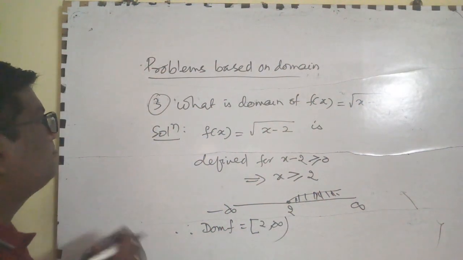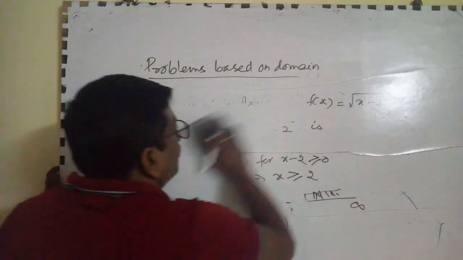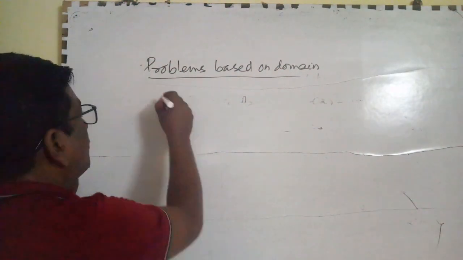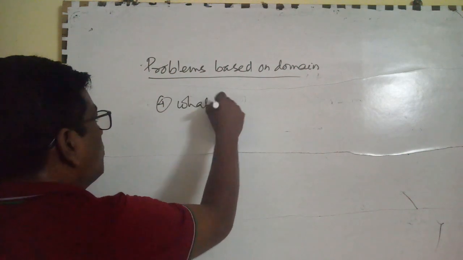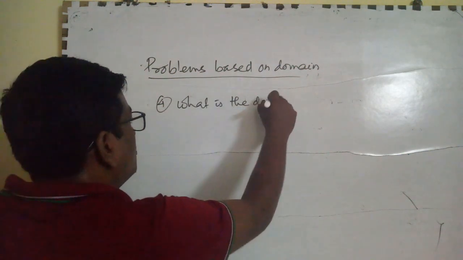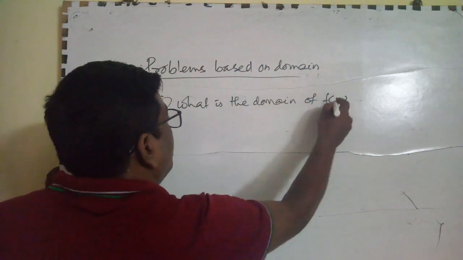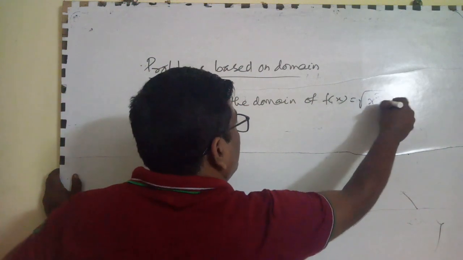Question number 4. What is the domain of f of x is equal to root over x square minus 25?